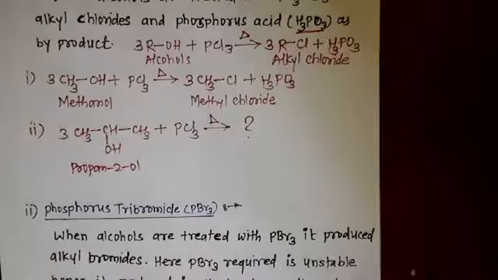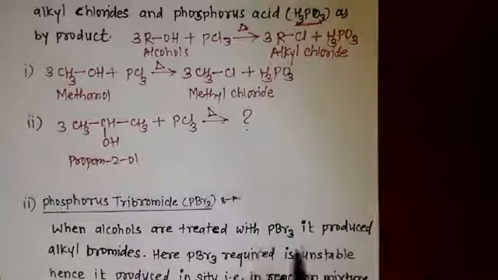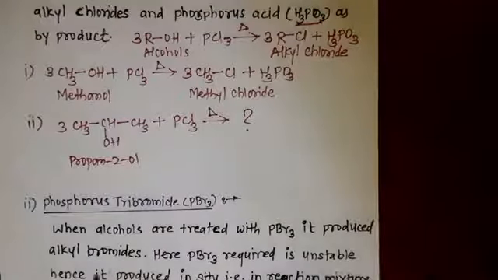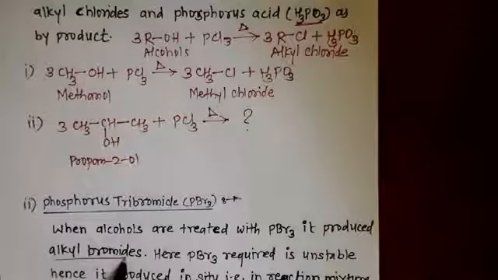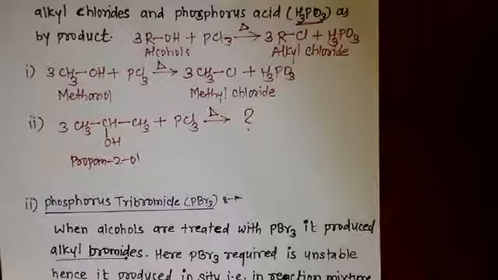Now see the statement: when alcohols are treated with PBr3, it produces alkyl bromides. Here we already saw that PBr3 is less stable or unstable.